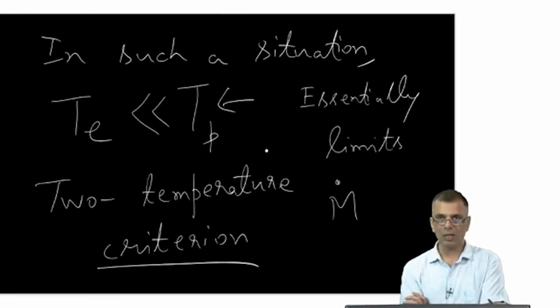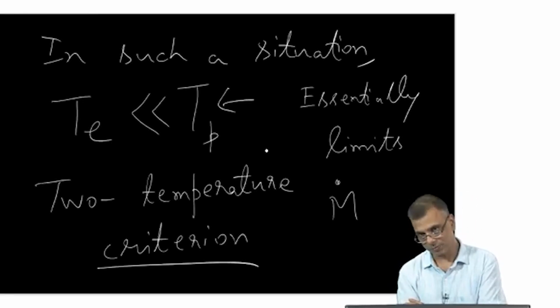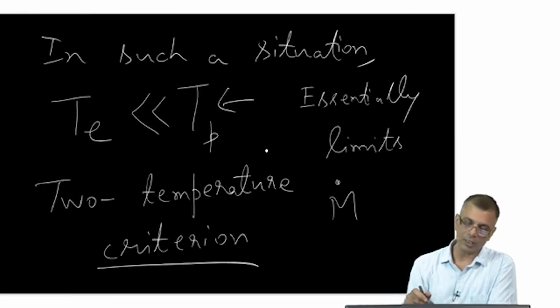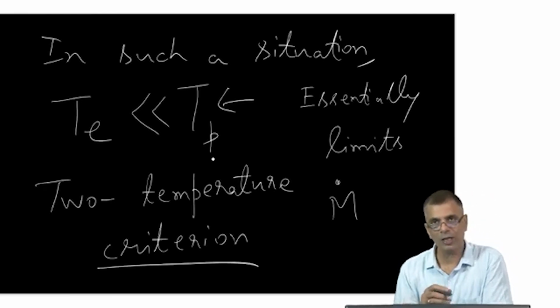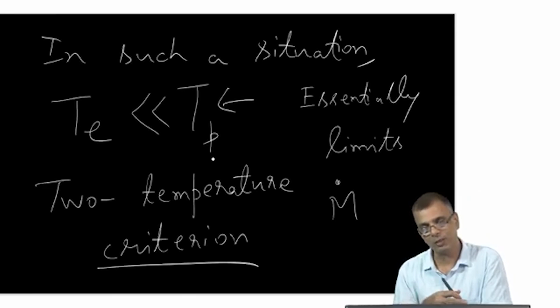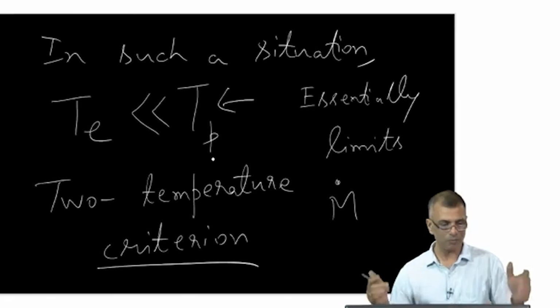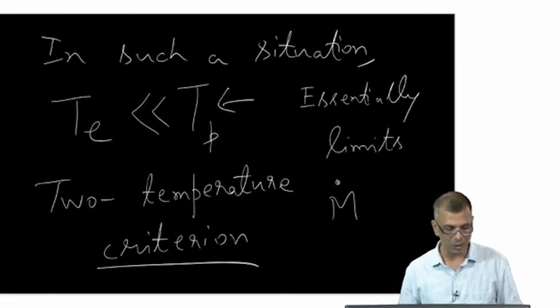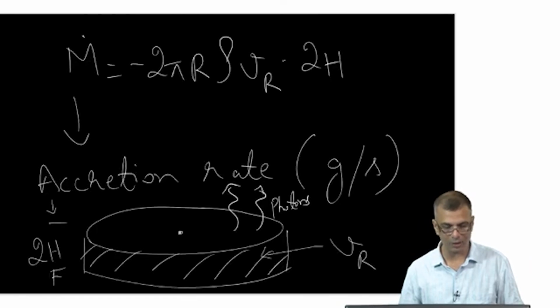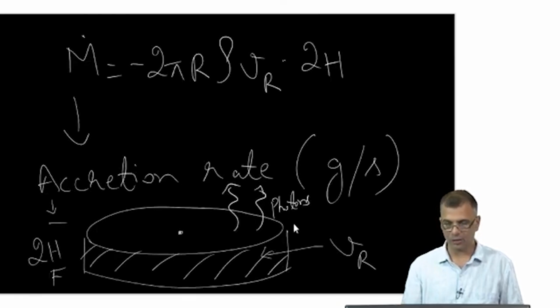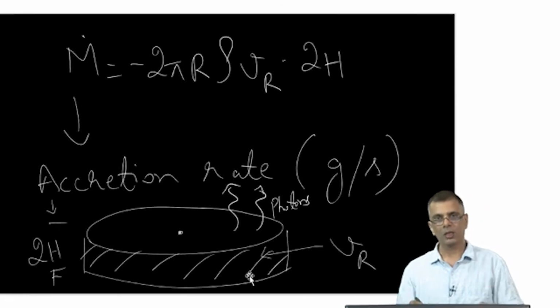And this is important because a two temperature plasma is a collision-less plasma. Okay, when the temperature of the protons is so high, the mean free path of the protons is much larger. Many times it becomes larger than the disk height. And so when the mean free path of the protons is larger than the disk height, there are problems, right?